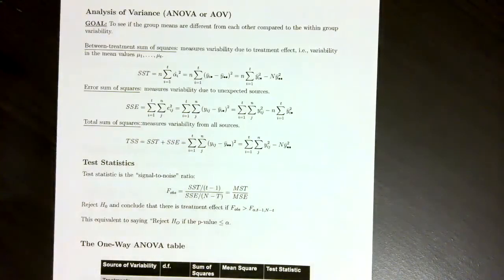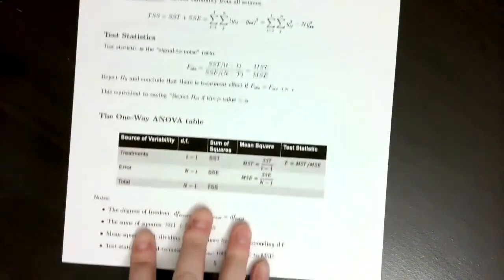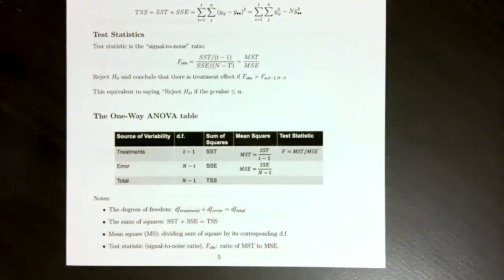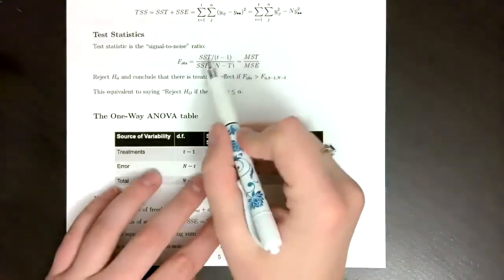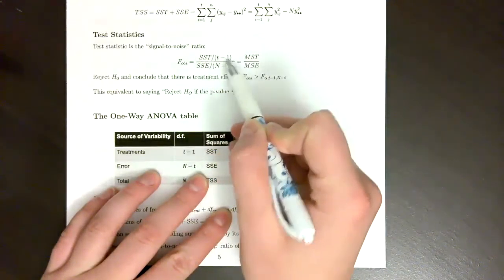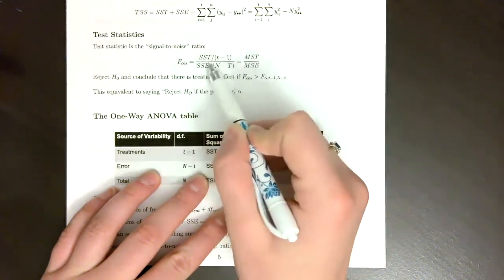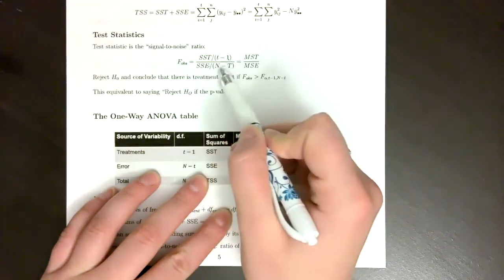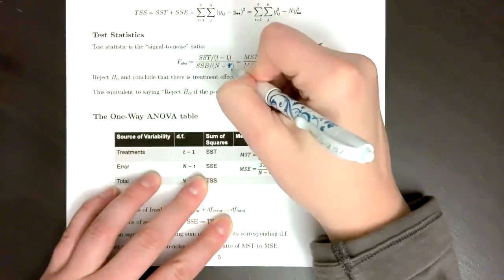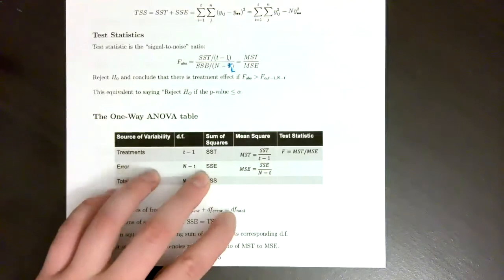Once we have a way to measure the variability within our experiment, we now want to start to look at our test statistic. And our test statistic is going to be looking at the signal to noise ratio. So we have our sums of squares treatment divided by our degrees of freedom, which is t minus 1, divided by our sums of squared error, divided by, and this should be a little t, oops, little t.